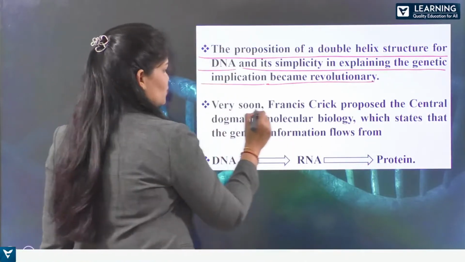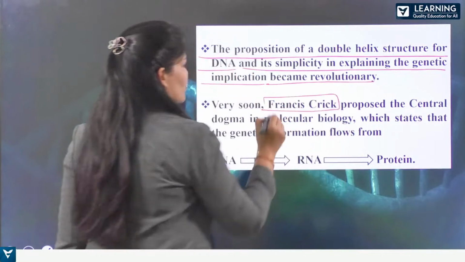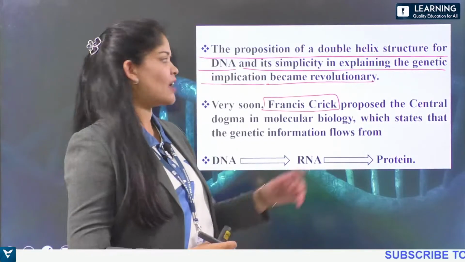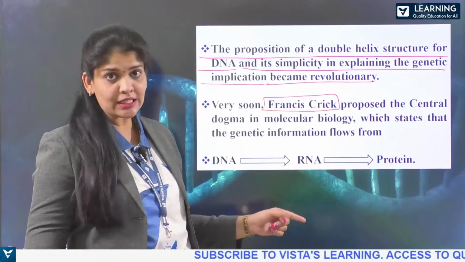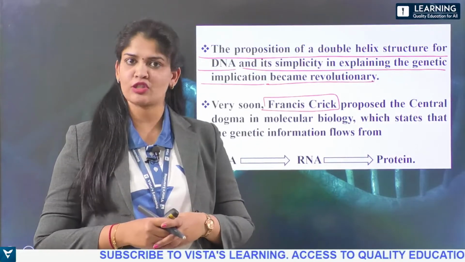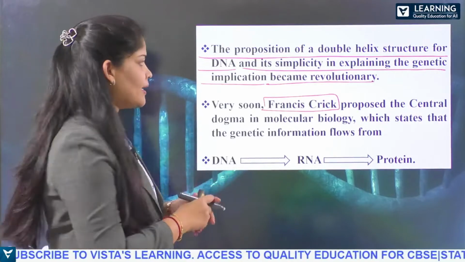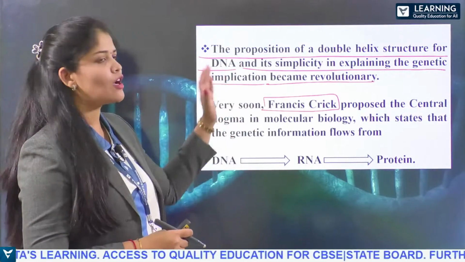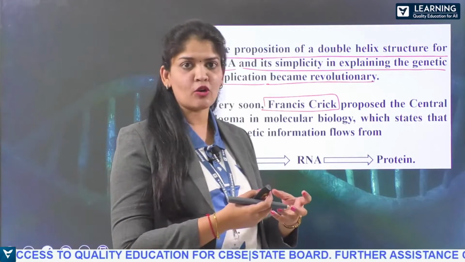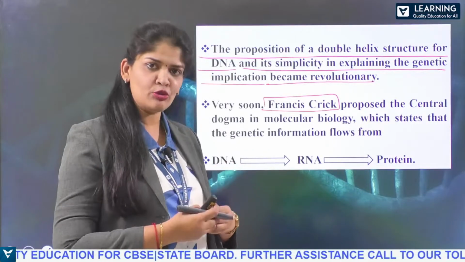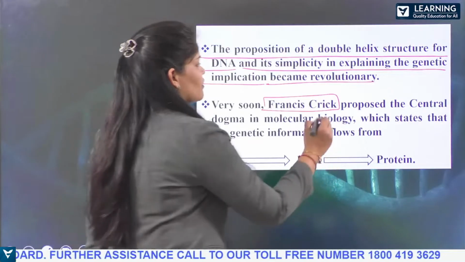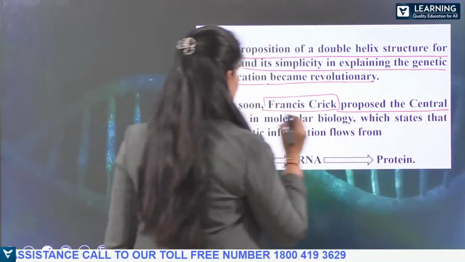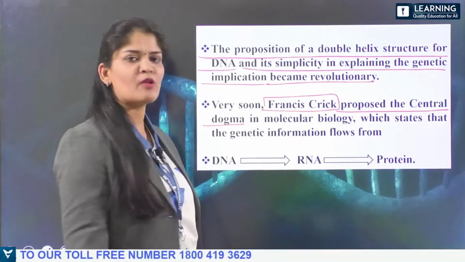Now, very soon, Francis Crick, we have come across this name along with James Watson, proposed the model of double helical structure of the DNA in the year 1953. And soon after this better understanding of the structure, Francis Crick proposed the central dogma of molecular biology.